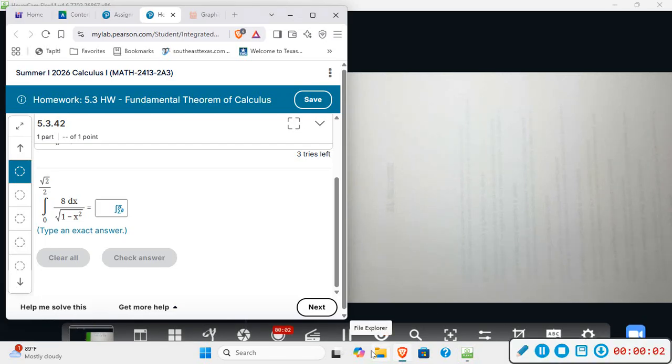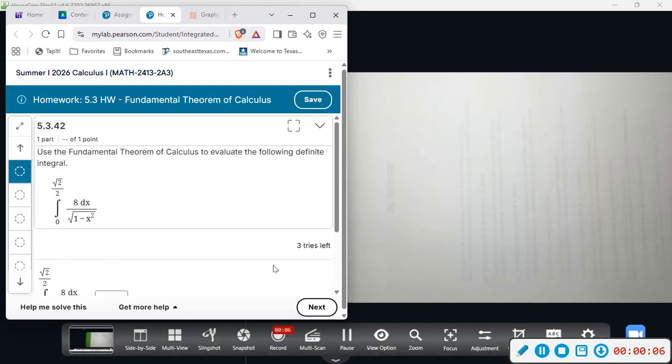All right, number 10, we want to use the fundamental theorem of calculus to evaluate the following definite integral.